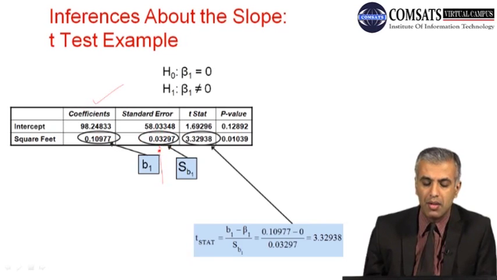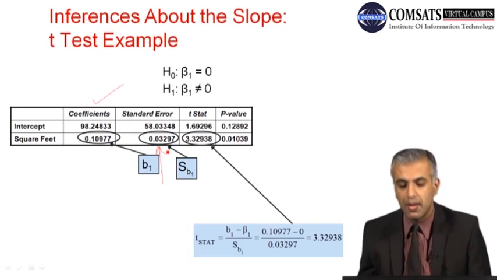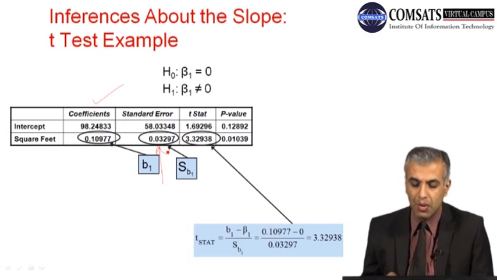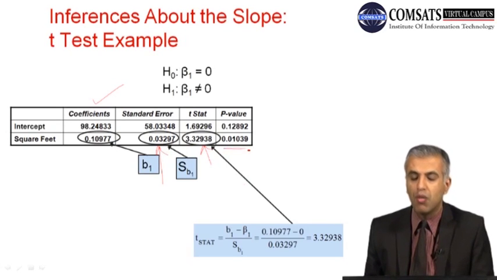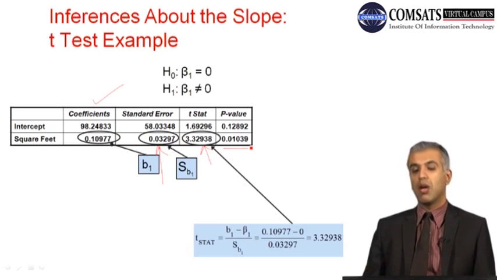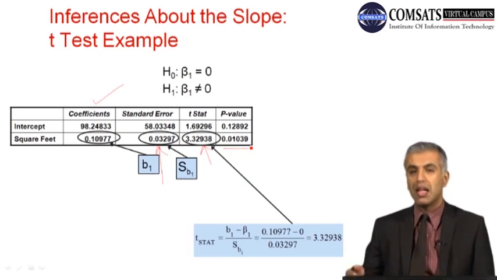We are reported a t-stat value of 3.32, and again this has a p-value of 0.01. This value is less than 0.05, so we can move ahead with our conclusion.